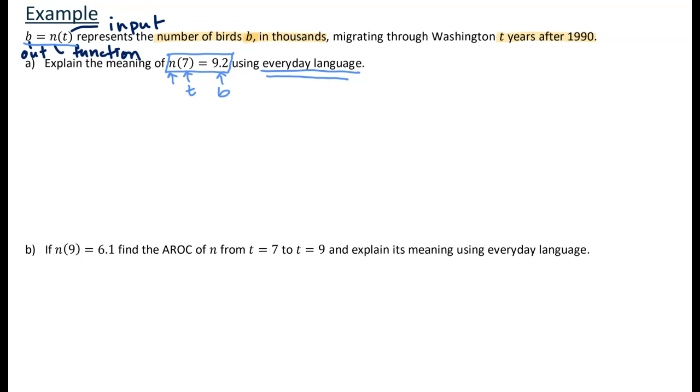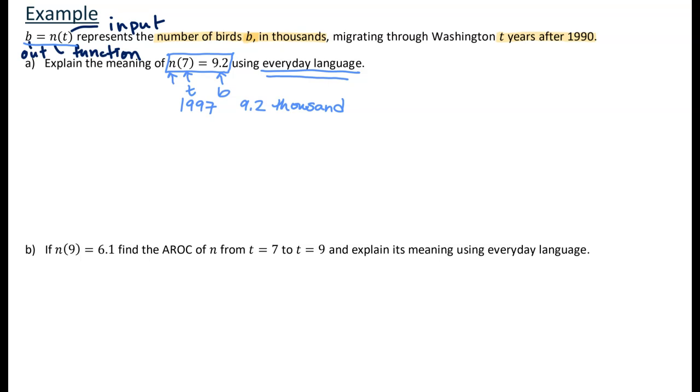Okay, so the explanation piece of this, I would then say that 7 years after 1990 is 1997. And the 9.2 is the number of birds migrating through Washington in thousands. And this is where that everyday language piece is important to me.